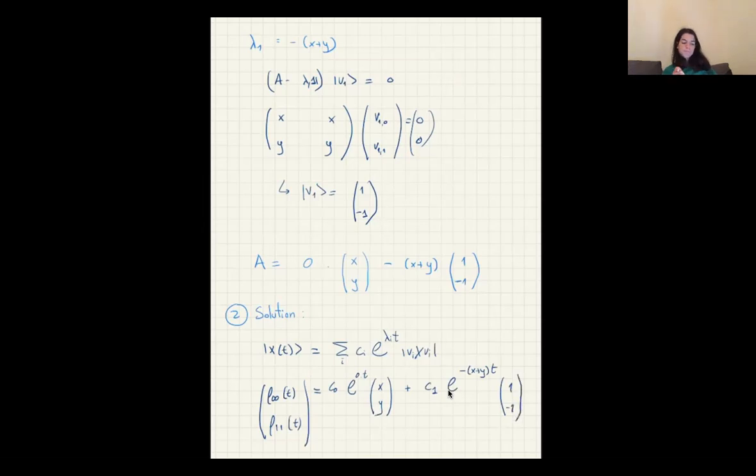Okay. So we still have these two free parameters, C_0 and C_1, that we don't know yet. But we'll get there.